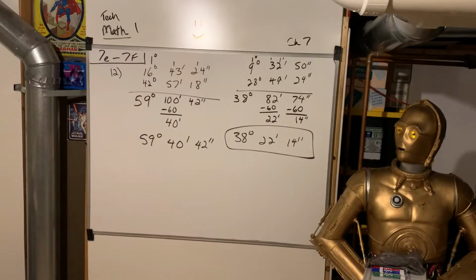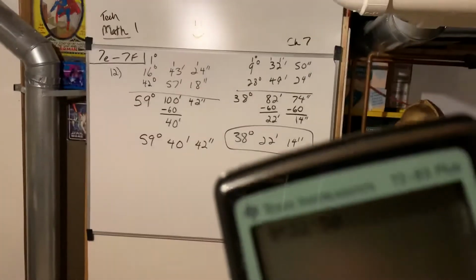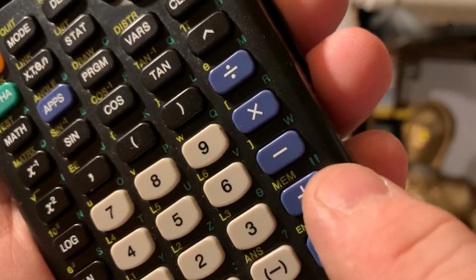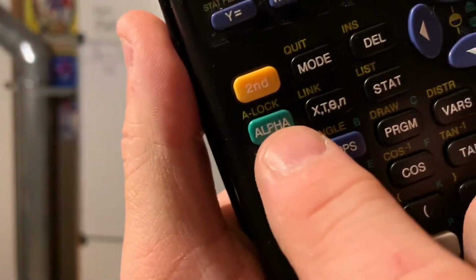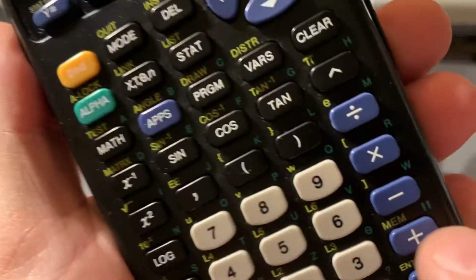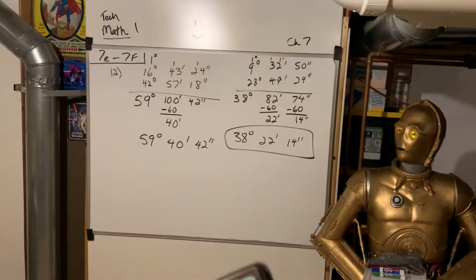And then now for seconds, that's a little trickier. You do the 50. So we write the 50 in there. And now seconds, if you take a look on the plus, it's under the alpha. So not the yellow button, but the green button, the alpha button, and then the plus, and then it throws the second sign up there, all right? Now we have to do the same thing.